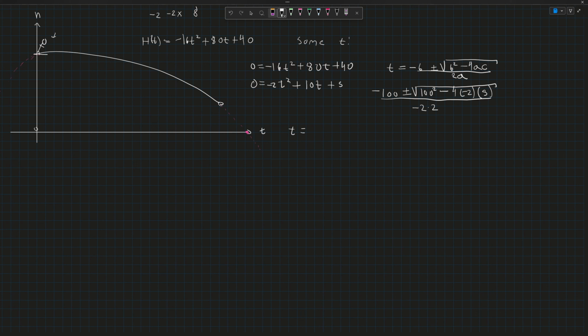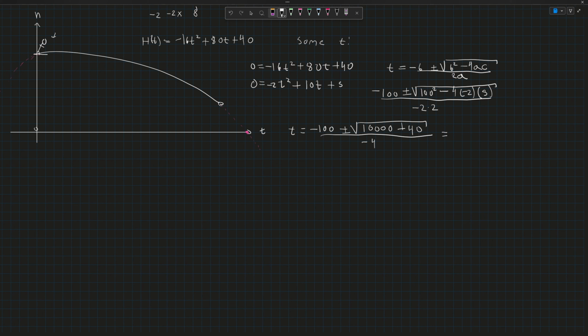t is equal to negative 100 plus or minus... well, this becomes just 1,000. Well, actually 10,000. Can't do basic math today. Minus 4, so this becomes plus. Well, this becomes 10. This becomes 40, over 4.